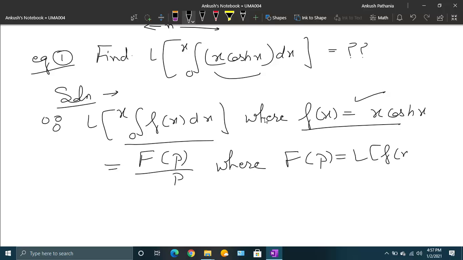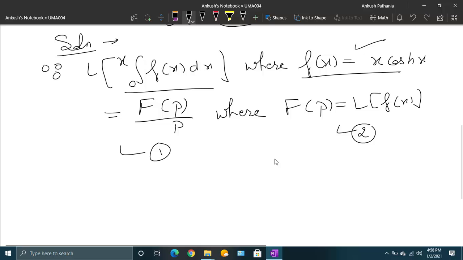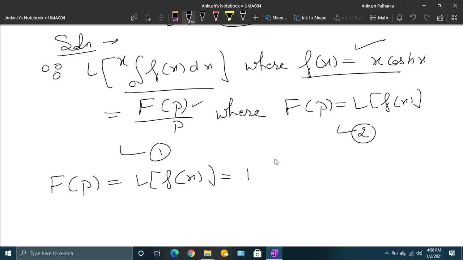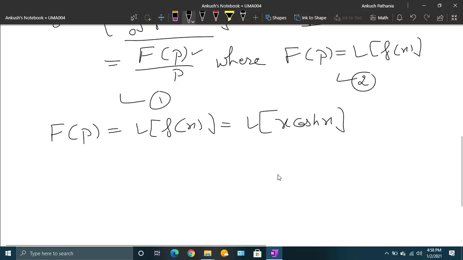So the whole story now revolves around F(p), that is, how to find the Laplace of f(x). Once we get F(p), we can put it here and the required result will be there. So now we have to find F(p), that is Laplace of f(x), where f(x) here is x cos hyperbolic x.